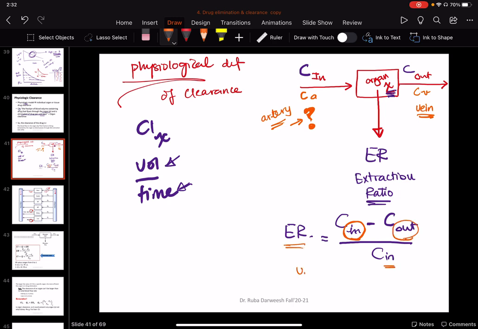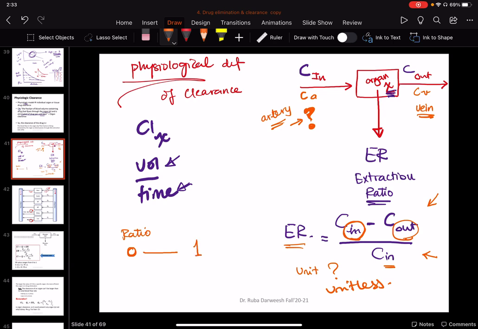The unit of the extraction ratio, if you have concentration over concentration, is unitless. We don't have a unit for that ratio. If we are talking about a ratio, it means that we are talking about a fraction. The lowest value is 0 and the highest value is 1.